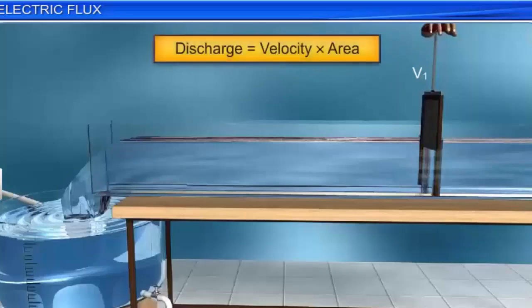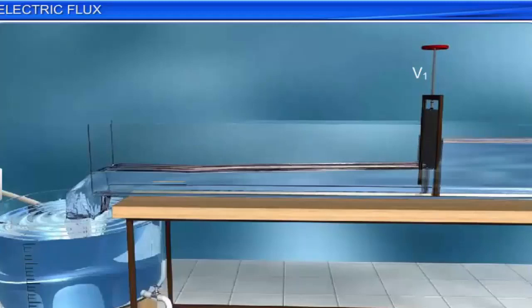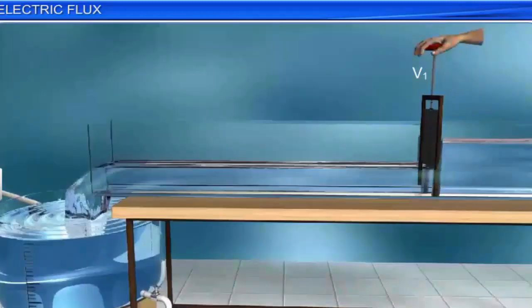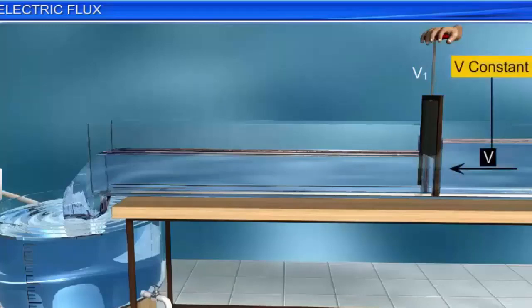is given by the product of the velocity and area of cross-section of the opening of the regulating valve. To regulate the discharge, we increase the open area of the regulating valve, V1, assuming that the velocity of flow of water upstream remains constant.